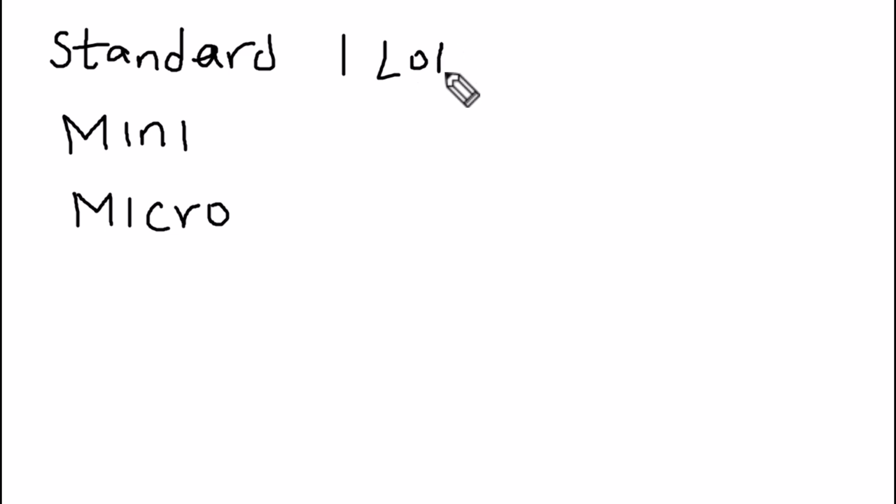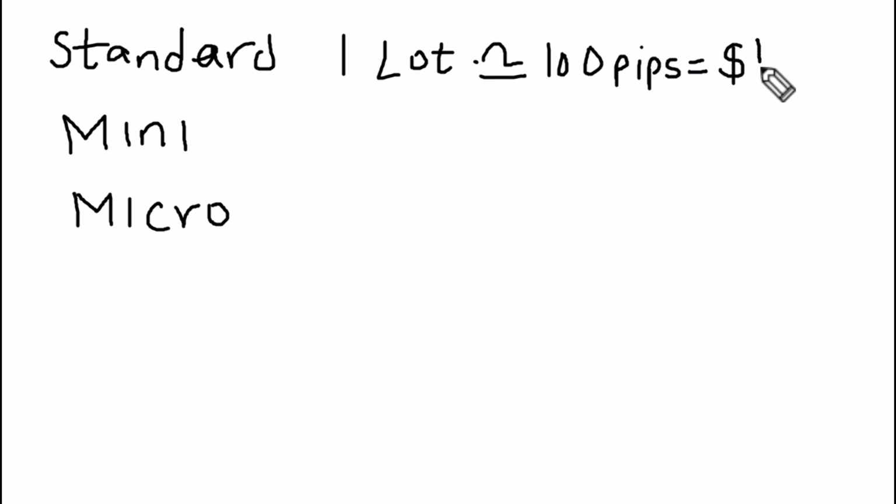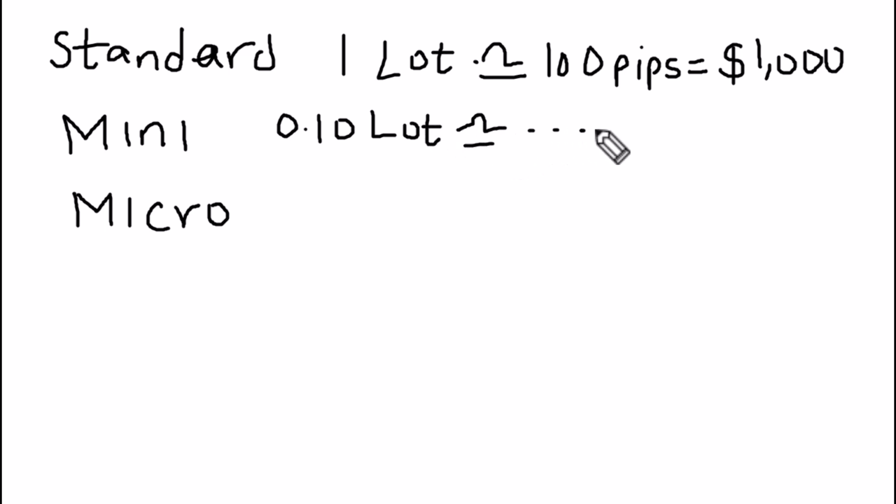One lot size for 100 pips equals $1,000. 0.1 lot for 100 pips equals to what? $100.